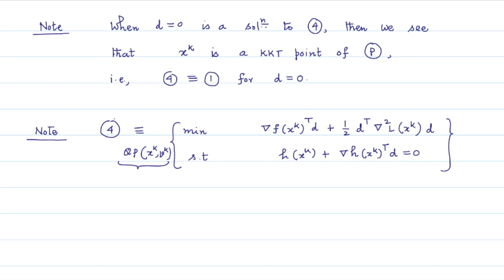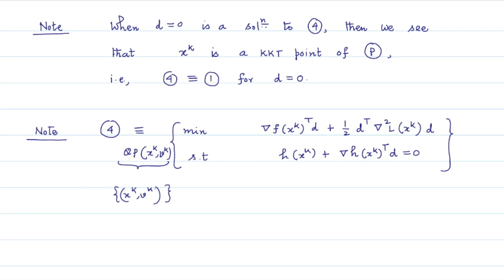Instead of solving the equation 4 iteratively, we go for solving this QP at the point xk, vk and keep generating iterative points xk, vk until we get d equals to null vector as a solution to this problem QP xk, vk. As to find this sequence xk, vk, we are solving this quadratic programming problem at each and every iteration.